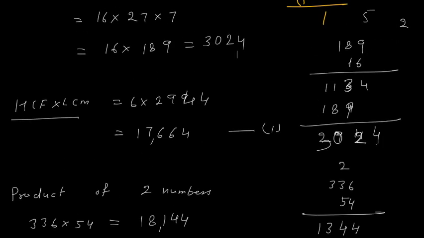Now 3024 multiplied by 6. So you should be very careful while multiplying. As I am making mistakes, it may be possible that you also make mistakes. 6 fours are 24, 2, 6 twos are 12, 12 plus 2, 14, 1 and 6 is 18. 18,144.